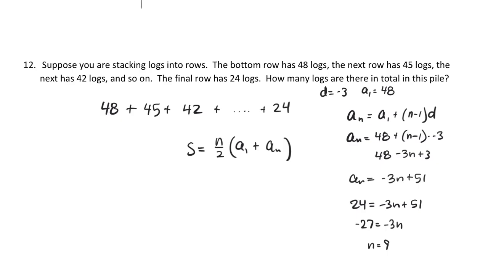So that means this is the 9th term where we're adding 9 terms. So this n turns into 9. So we have the sum is 9 terms divided by 2, with the first term is 48, the last term there is 24. So on a calculator, we get 324.